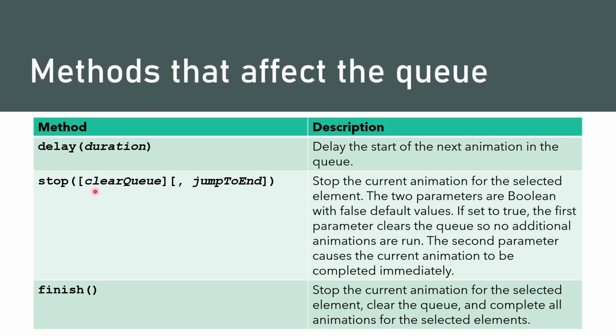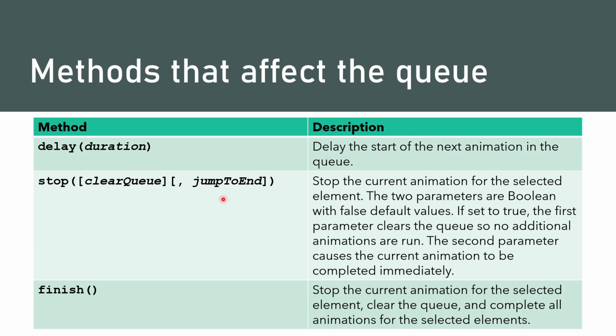But if they are true, so this first one, if you do put true inside of the parentheses for the stop method, that will clear the queue. So it will stop the current animation and also prevent any of the other ones that are set up in the queue from happening. It completely clears them so they won't happen.